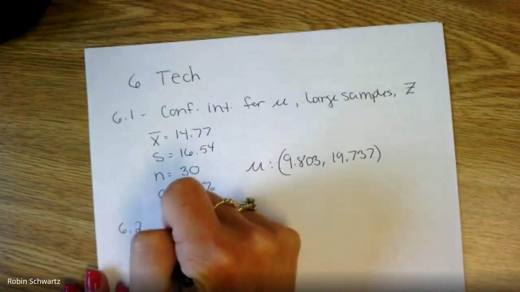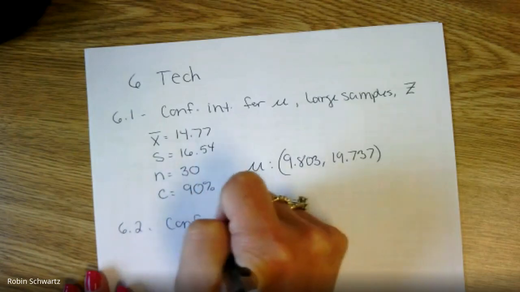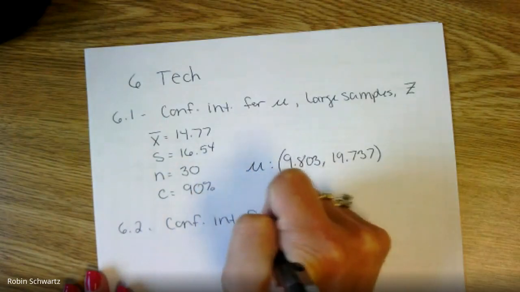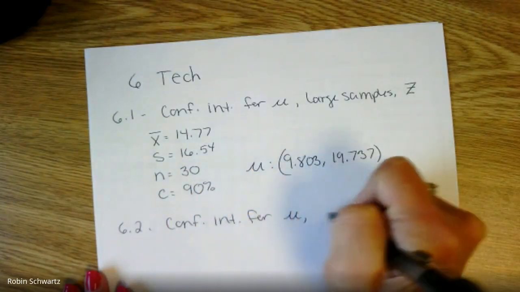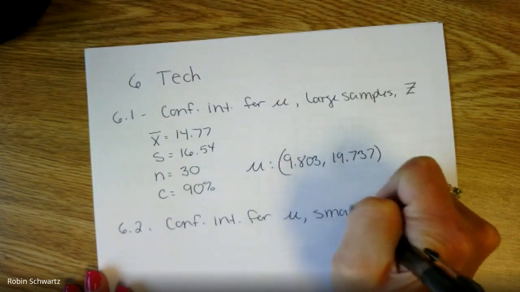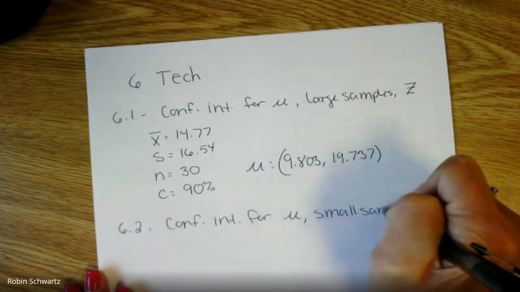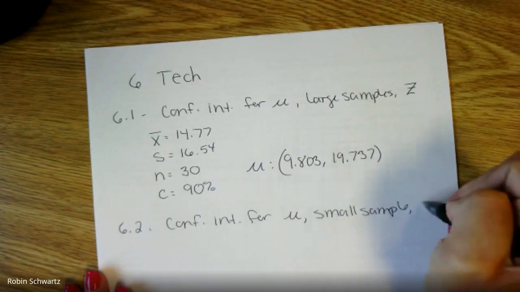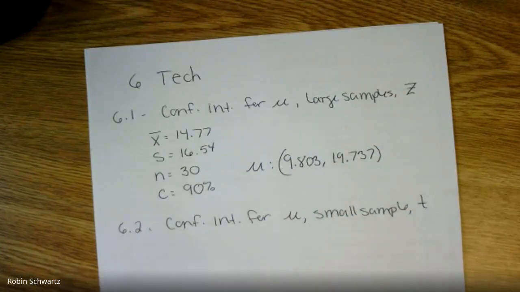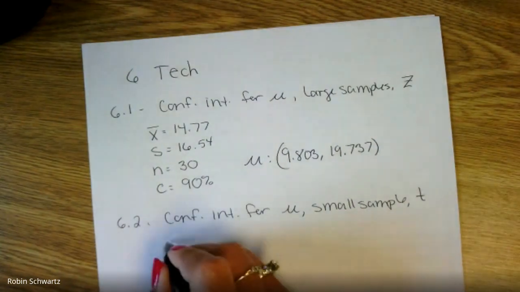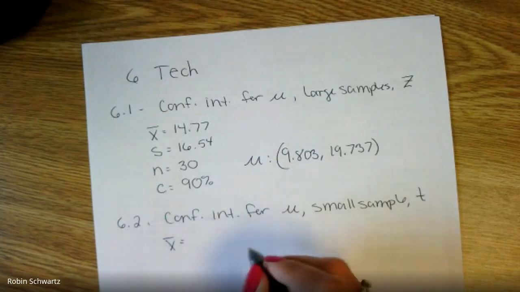Okay, on to number 2. 6.2 was confidence interval for population mean, small sample. T-score, normally distributed, sample standard deviation given.